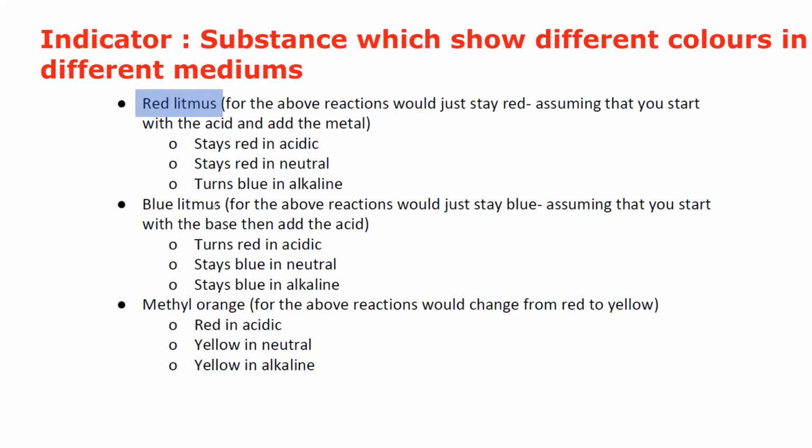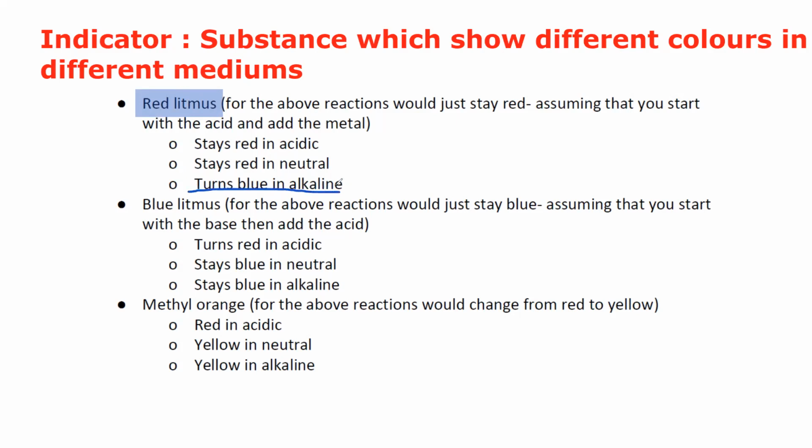If we add a red litmus to an acidic solution, it will remain red. If it is added to a neutral solution, it also remains red. But if it is added to an alkaline solution, the opposite of acidic, it will turn blue.